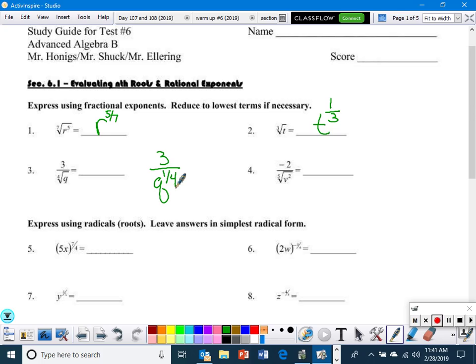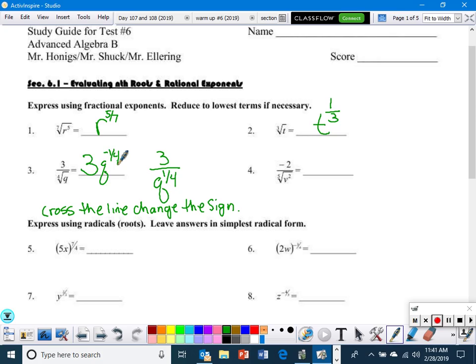So remember the little saying, cross the line, change the sign when you're dealing with exponents. So I'm going to rewrite this as 3q to the negative 1/4 power. Okay, and I'm going to leave my answer like that.